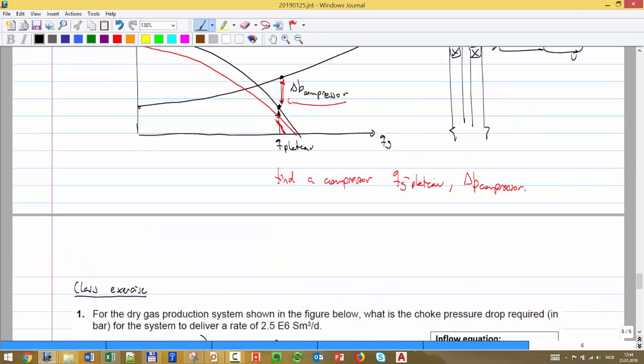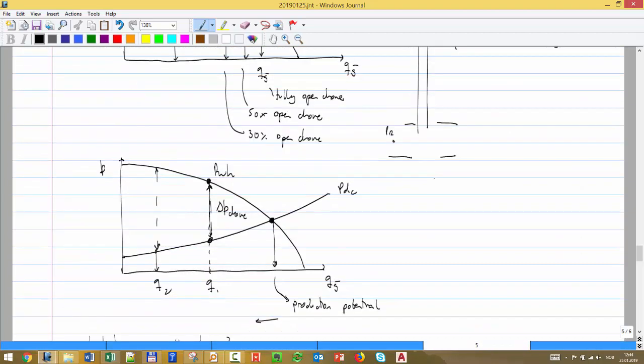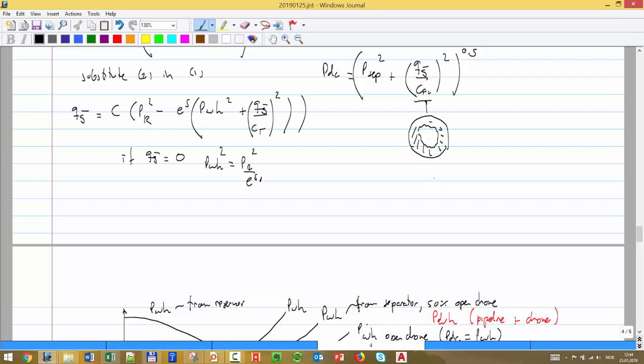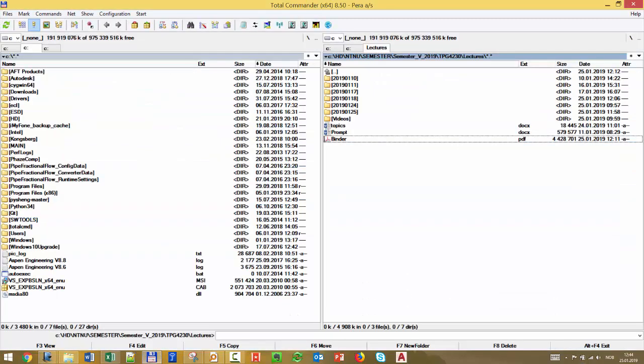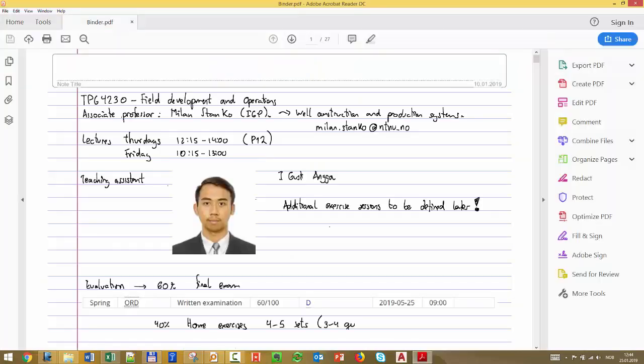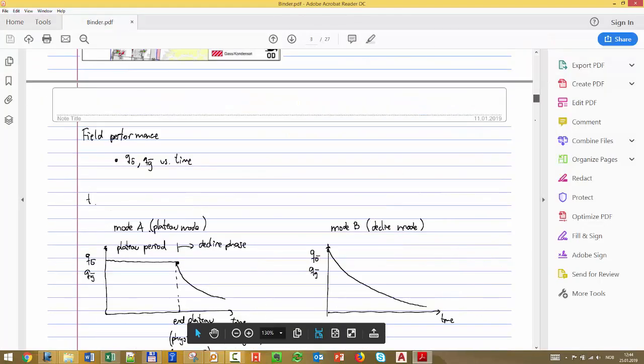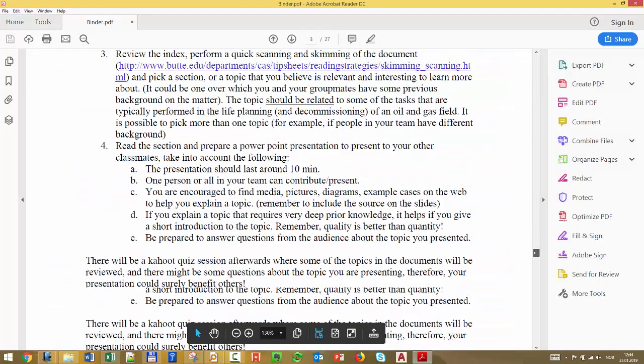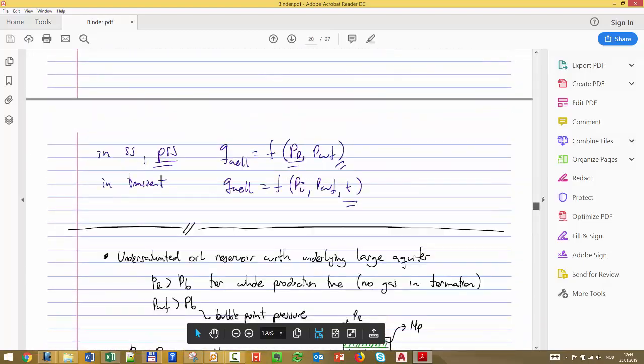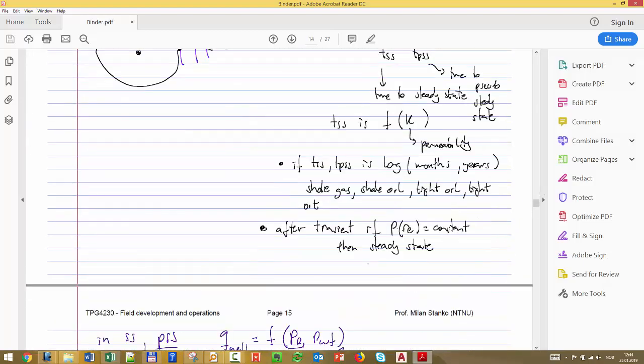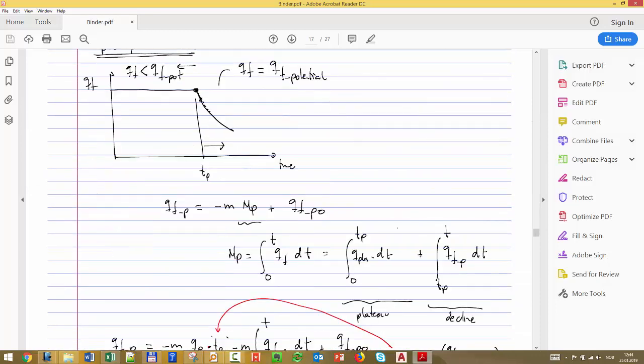But I just want to say that we don't have to calculate. Remember this exercise we had on Excel.